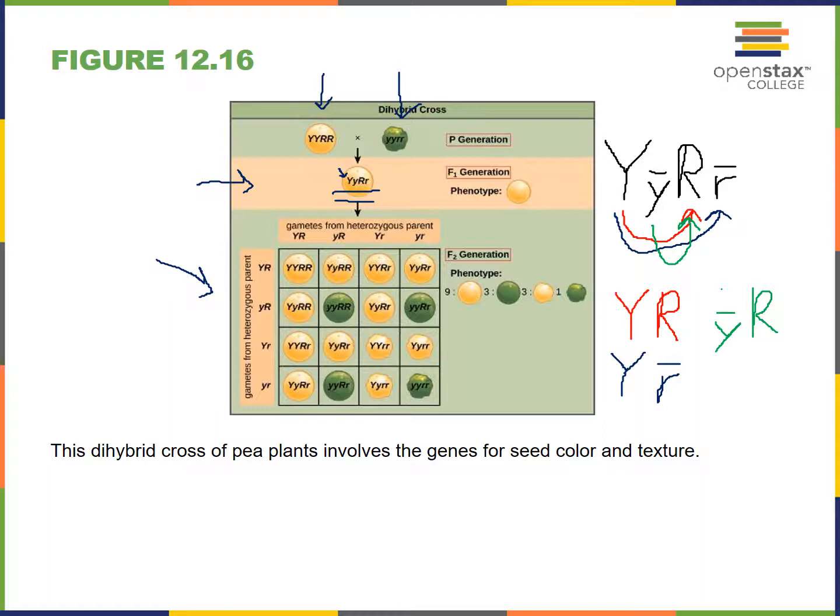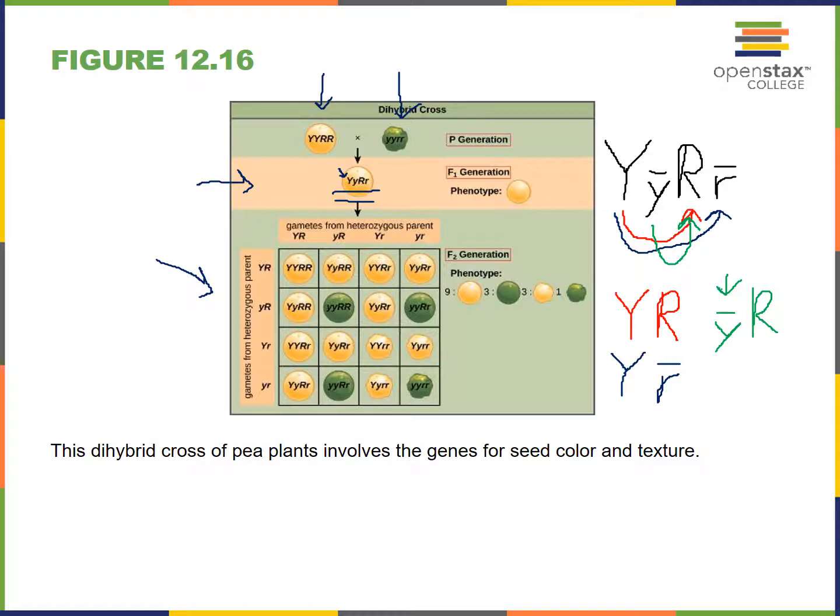And with monohybrid problems or one gene problems, you always want to put the capital letter first. But with two gene problems, I think it's more important to keep the genes in order. So seed color before seed texture. So that's why I put the little y first.